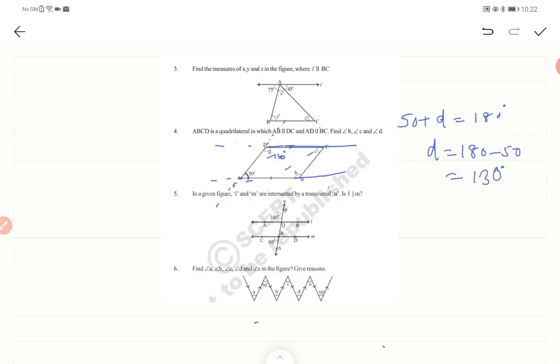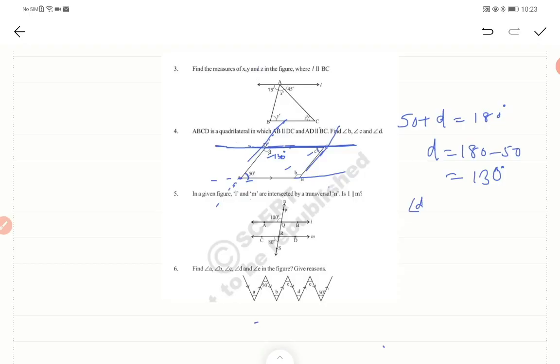Now we can consider these as two parallel lines, and these two as parallel lines, with this as a transversal. So D and C become supplementary again.